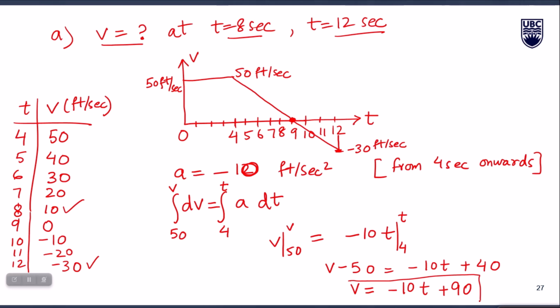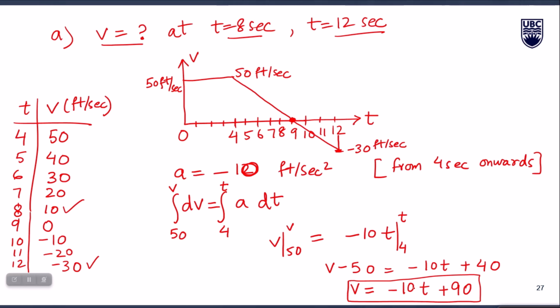Actually you can simply put t equal to 8 second here and 12 second here to finally determine the analytical solution. So at t equal to 8 second, v is simply equal to minus 10 times 8 plus 90, right?